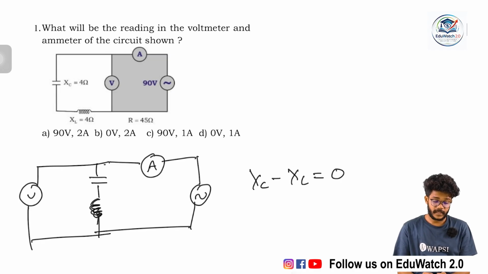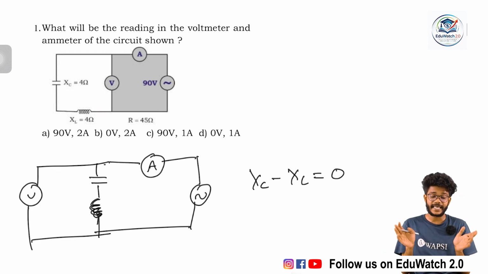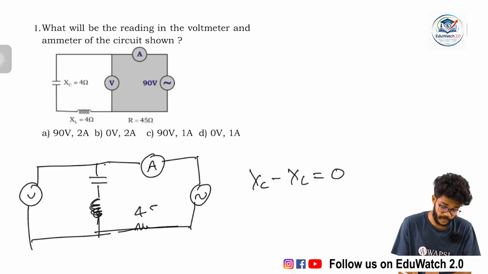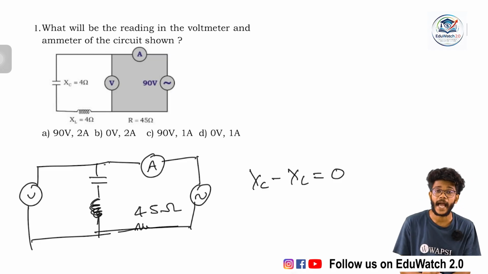And what will be the current? So what is the total resistance in here? 4 plus 4 is 8. Actually we do not want to bother about this Xc and XL. Here we can see another resistance which is 45 ohm. 90 by 45 is the current, which is 2 ampere.